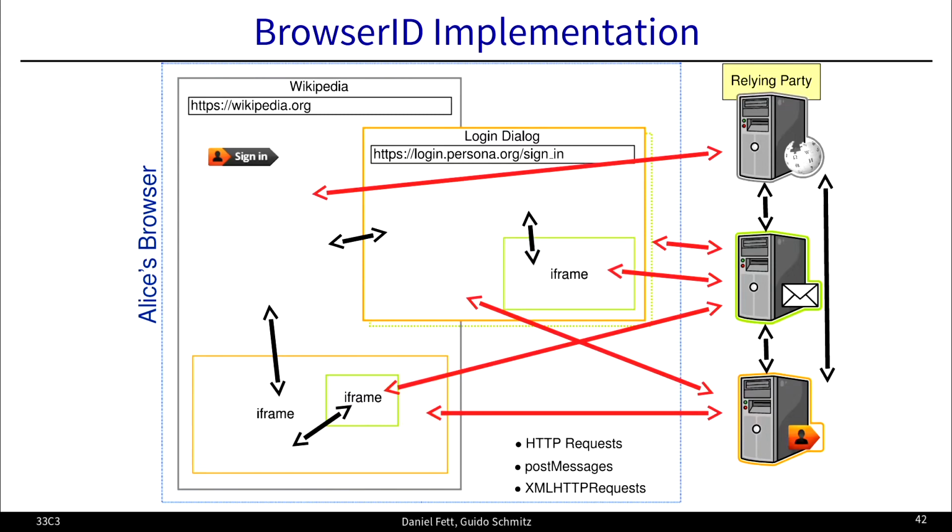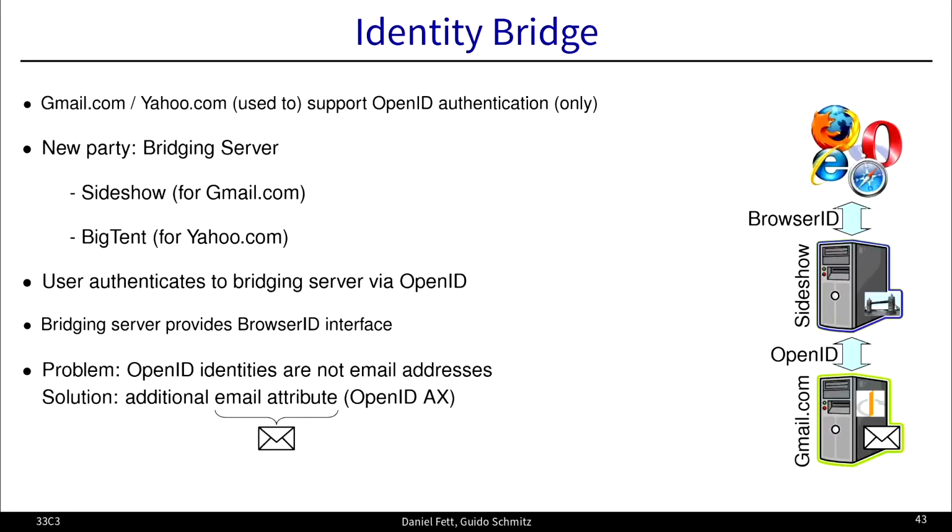To add even more complexity, they did the following. They thought, well, some users are already using Gmail or Yahoo, so let's provide some nice interface for them. They provided the so-called identity bridges, specifically for Gmail and Yahoo, which at the time supported OpenID authentication only. And they created two new servers, the so-called bridging servers, one for Gmail called Sideshow, and the other one for Yahoo called Big Tent.